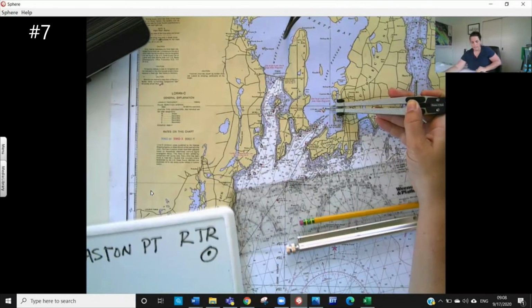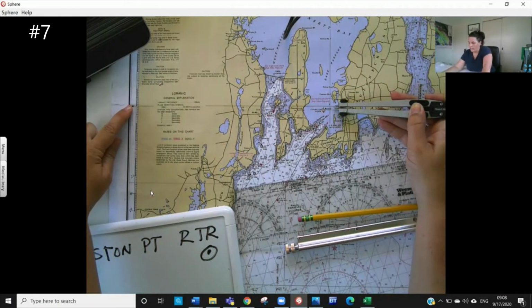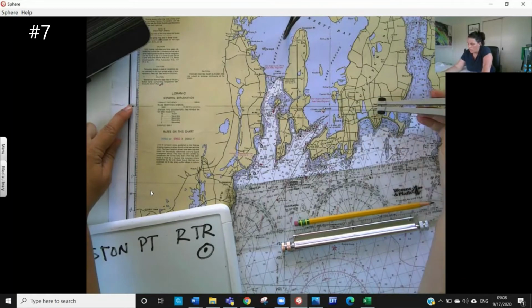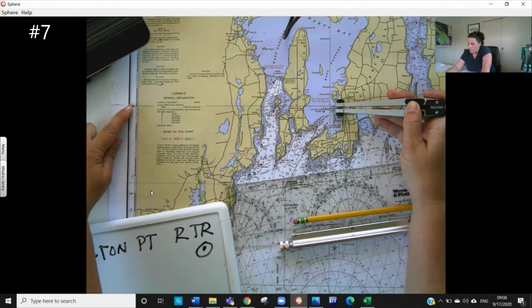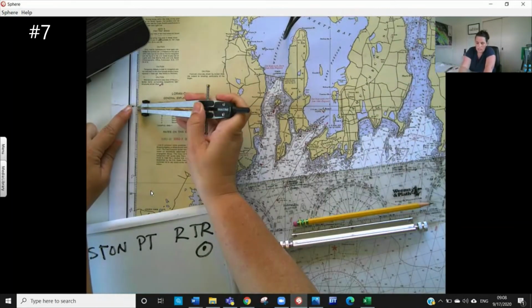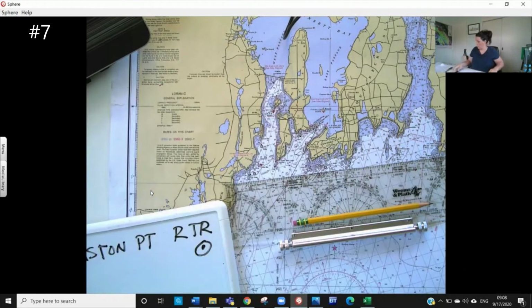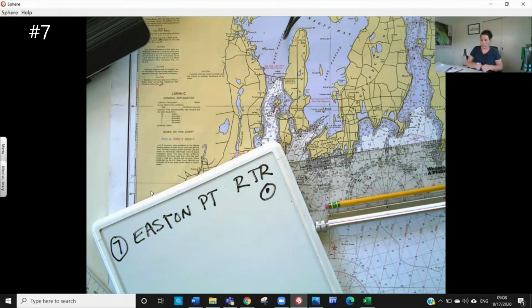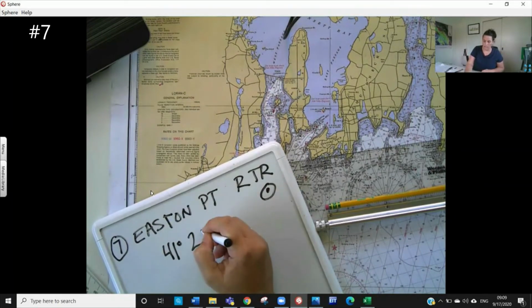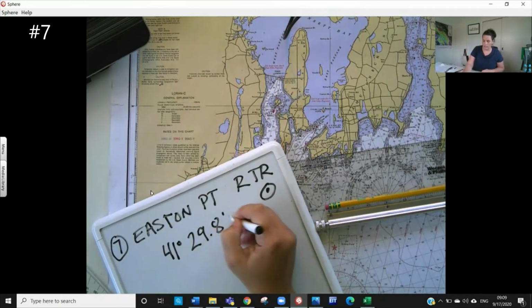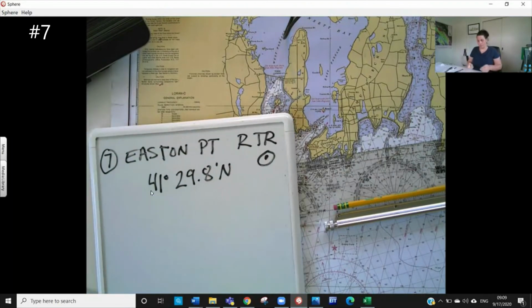So we have 41 degrees 30, and it's just shy of that 30 line. So how shy? Right about there. I would say about 2/10. So we're going to go with 41 degrees, 29.8 minutes north as my latitude.